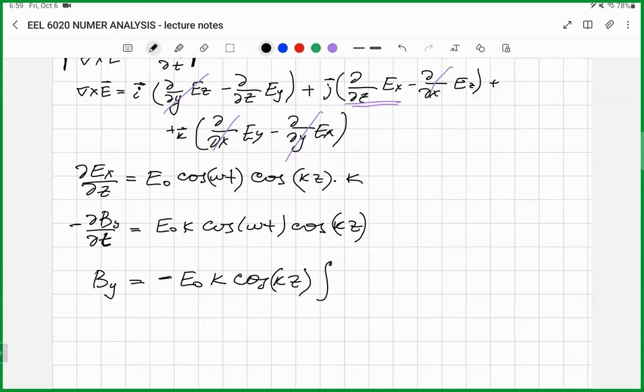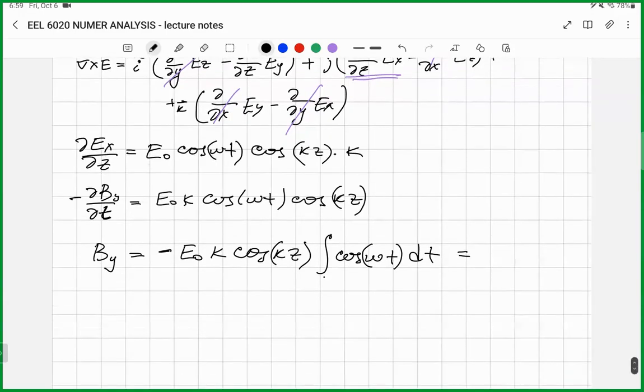The integral of cosine omega t dt is simple, it's sine omega t times 1 over omega.